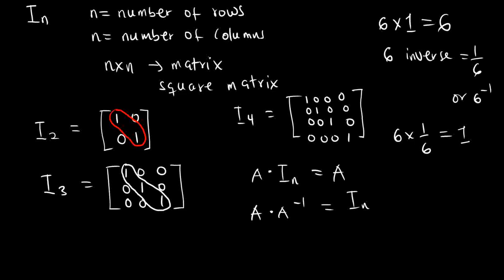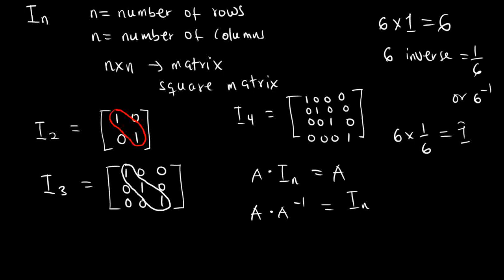It's the same thing that's happening with the identity matrix. When I multiply a matrix A by the identity, I'm going to get the matrix A again, similarly to when I multiply 6 by 1 and get 6 again. And when I multiply a matrix A by its inverse, I'm going to get the identity, the same way that multiplying the number 6 by its inverse gives 1.